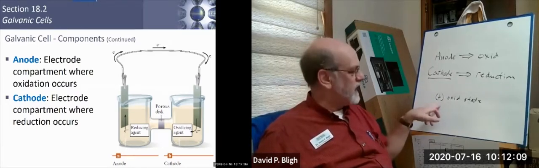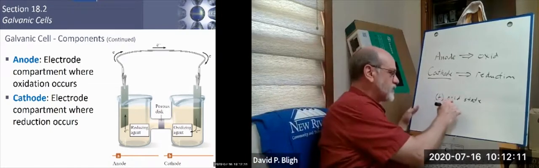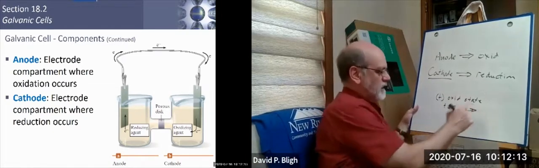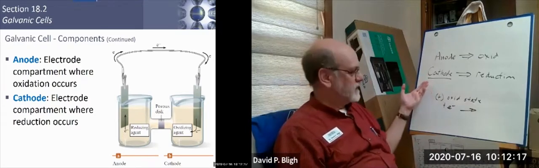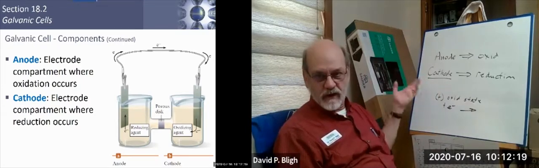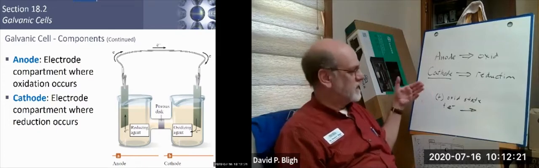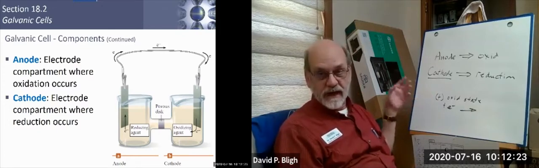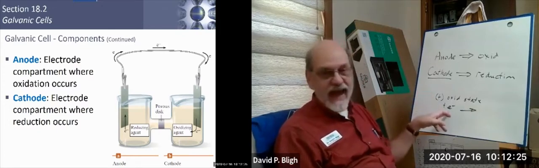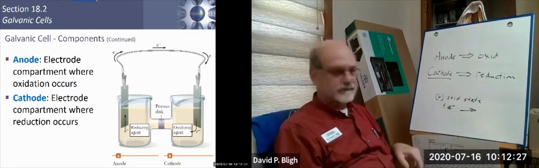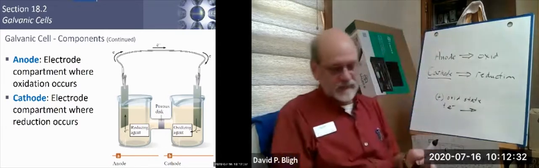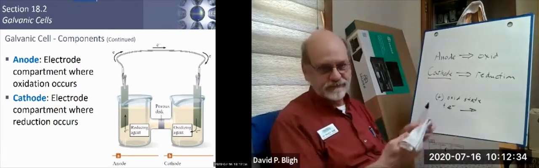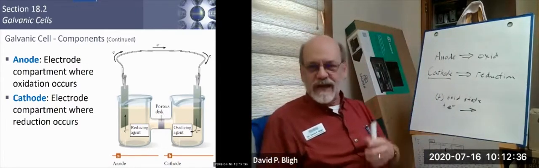And those positive ions are going to combine with electrons and be reduced at the cathode. So wherever the cations occur is the cathode side, and they're being changed by addition of electrons. I don't know if that helps any. It may just be better to memorize them. Cathode is reduction, anode is oxidation.